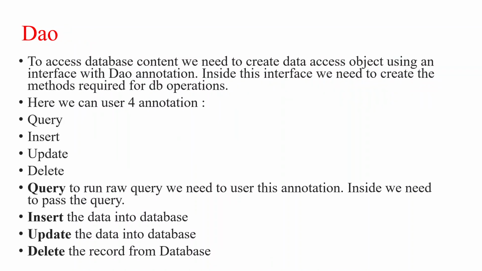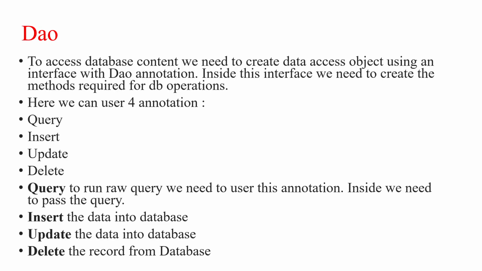So what is DAO? It is basically Data Access Object. Okay, to access the database content, we need to create a database object using an interface with a DAO annotation. Okay, DAO is basically an interface. Inside this interface, we need to create the methods required for DB operations. So here we can use four annotations.